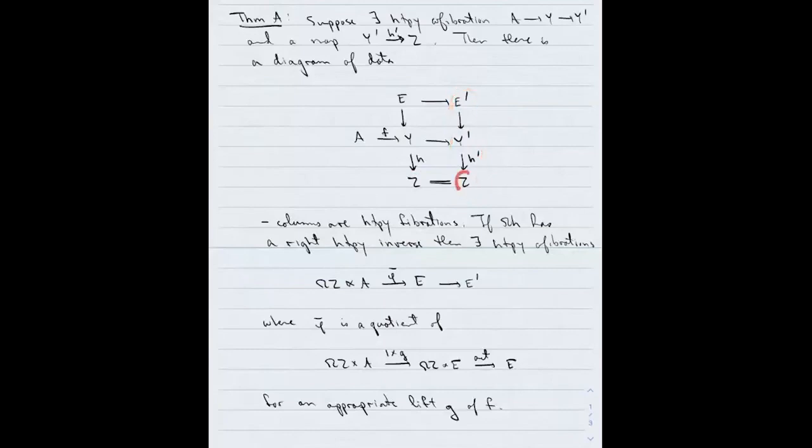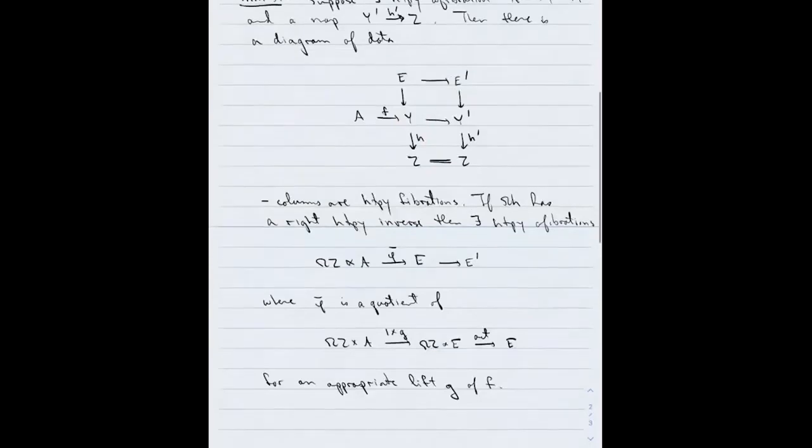So if you already know something about Z, where it splits after looping, then you only have to find out things about E prime. And this cofibration is supposed to say, well, given that I kind of know things on this side of the diagram, I should know something about E. I kind of know something about the map phi, and hopefully that tells you something about E prime and therefore Y prime. That's the philosophy.